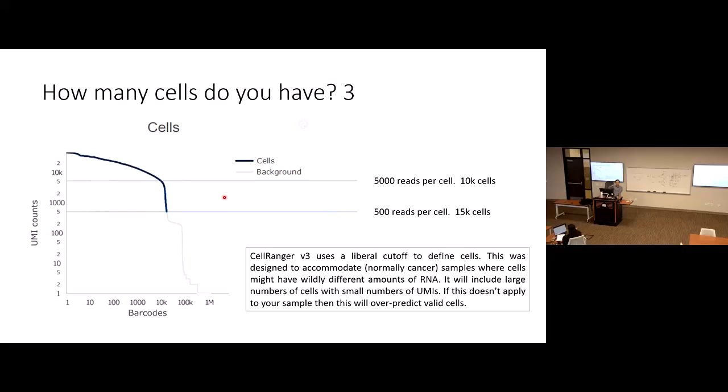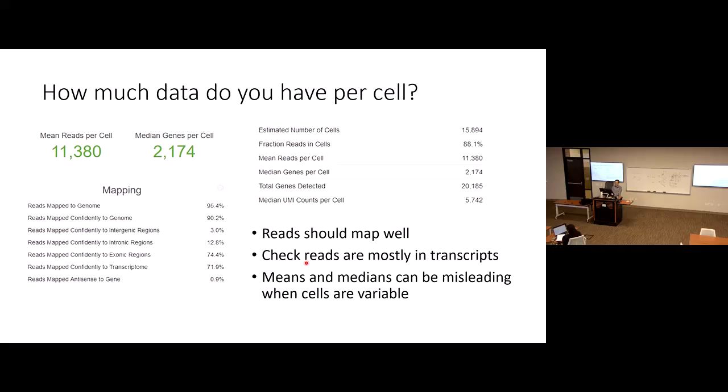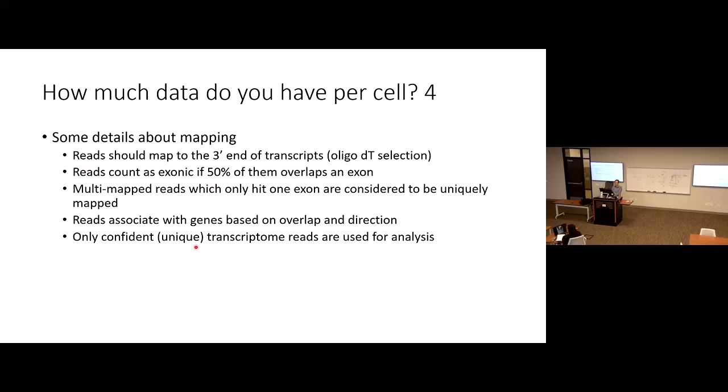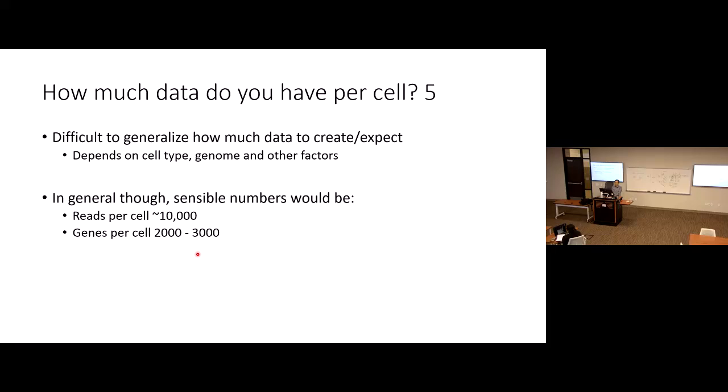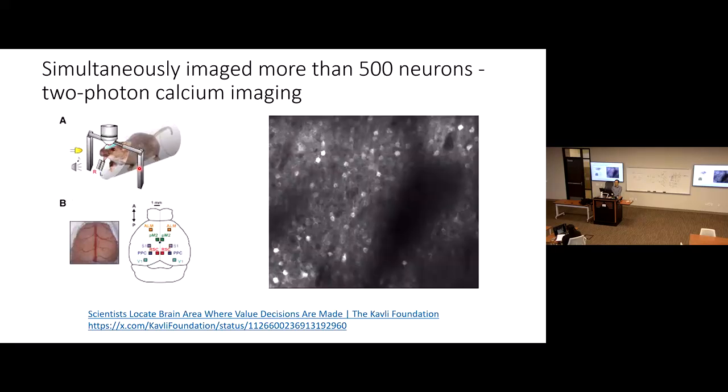So there are some cutoffs you can select in order to tune the stringency of your criteria, to select more cells or fewer cells. This is just very general information.